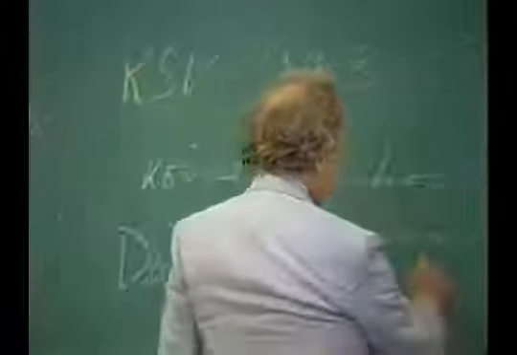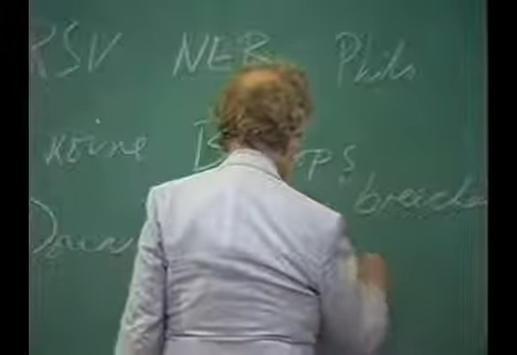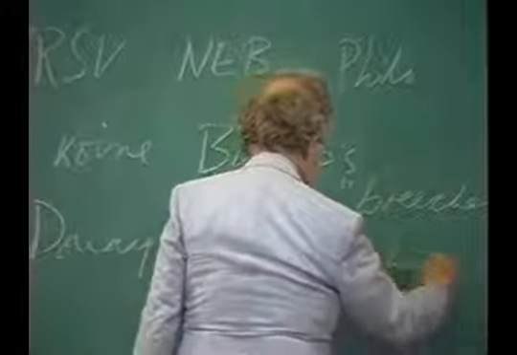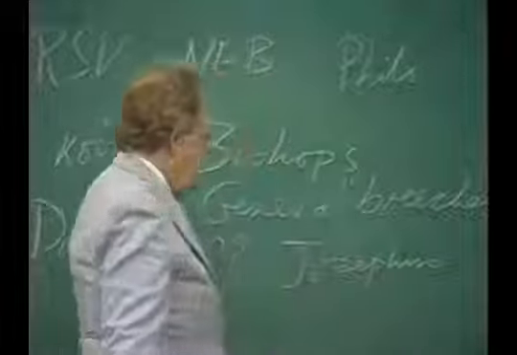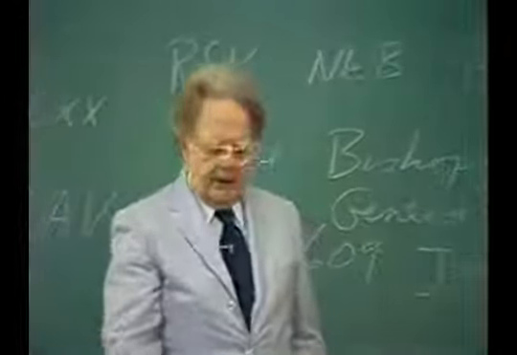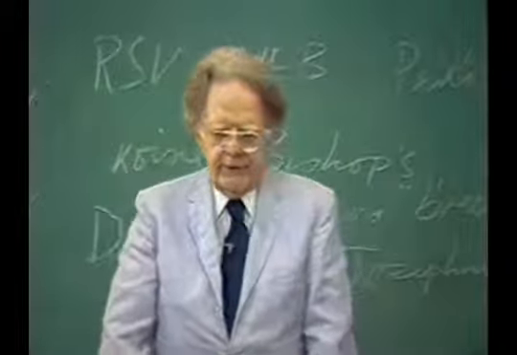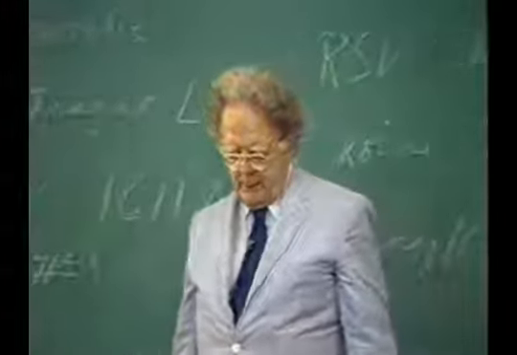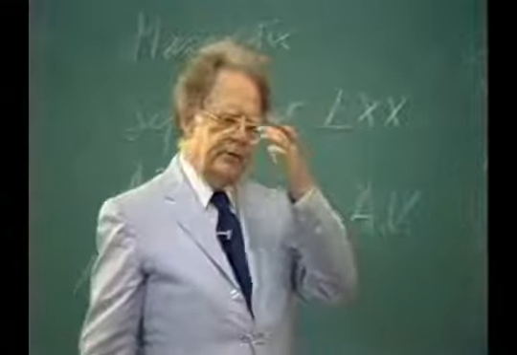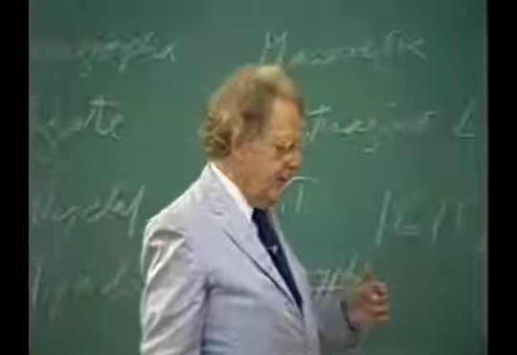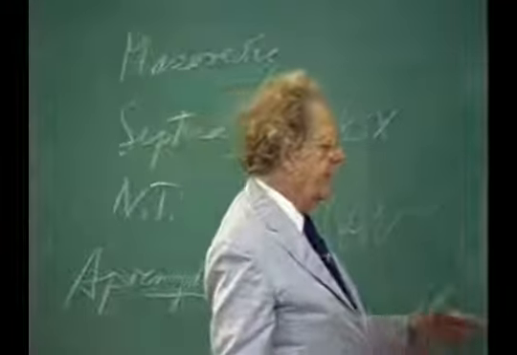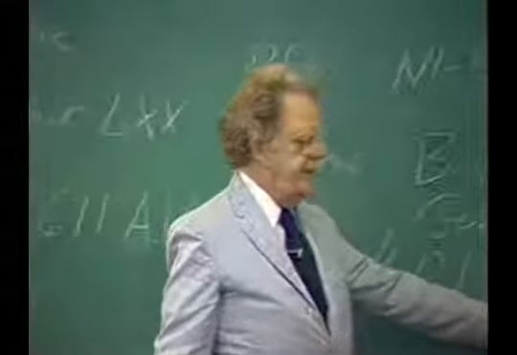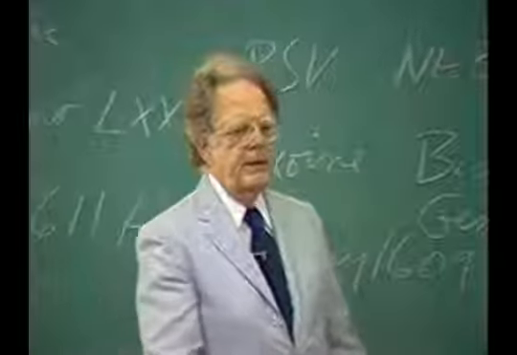And then there is a great Jewish historian, Josephus, who lived at the time of the Roman destruction of Judea, and who wrote a book called Antiquities of the Jews, which covers much the same ground as the Old Testament, but adds a great deal of detail in the later period.